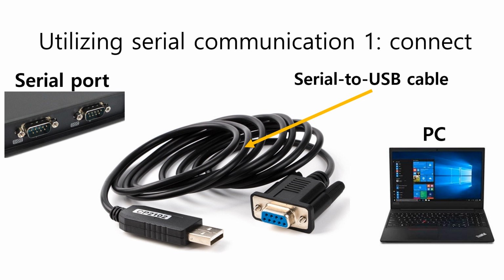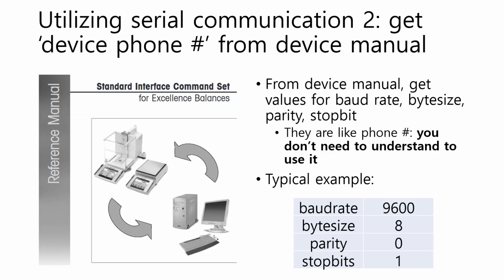First, you connect your device to your PC by serial to USB cable. The USB part of the cable connects to your PC, and the serial part connects to your device. Next, from the device manuals, you need to get information about communication configuration for your device.